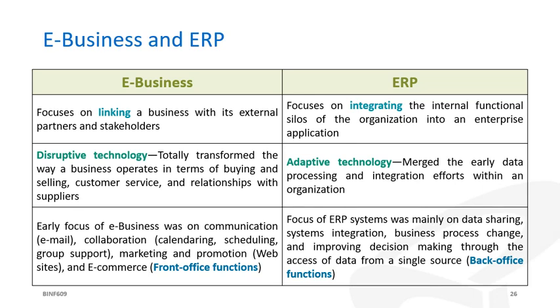Finally, the early focus of e-business was on communication, collaboration, marketing, and electronic commerce, which can be considered front office functions that involve users and customer interactions. On the other hand, the focus of ERP systems was mainly on data sharing, system integration, business process change, and improving decision-making through the access of data with a single source.